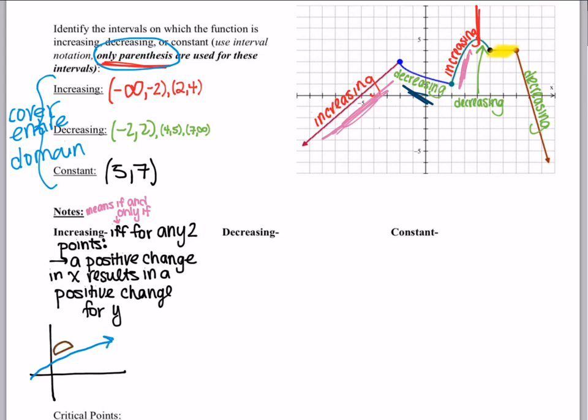We'll draw a little picture here. All right, so I have that blue piece as my x values are increasing. My y values are also increasing. And imagine a little turtle is getting on a graph.